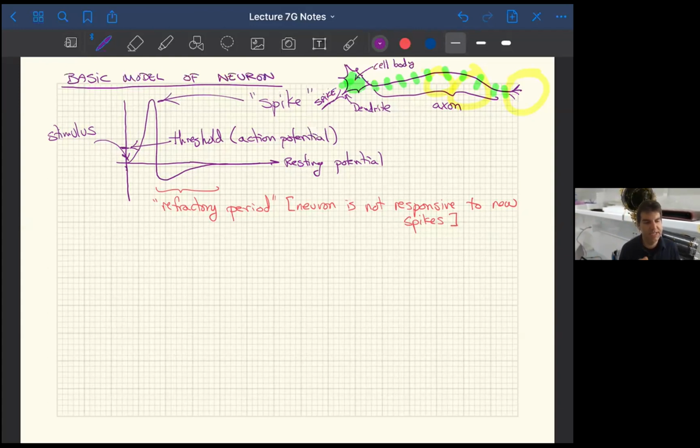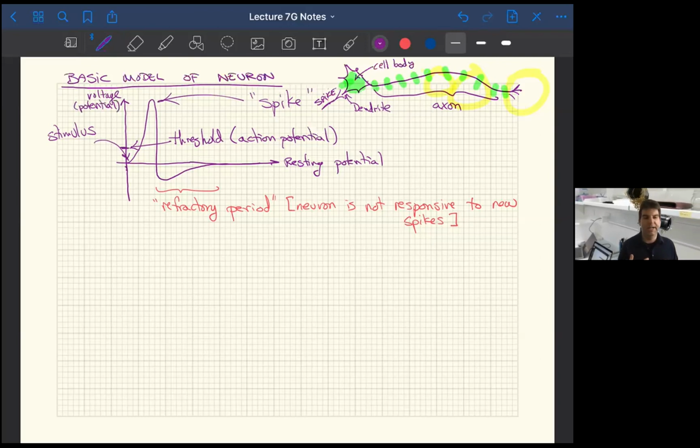So there's a question: what is the spike? If it helps, you could view this here as voltage or potential. And so there is a buildup in potential. You can view that as charge.